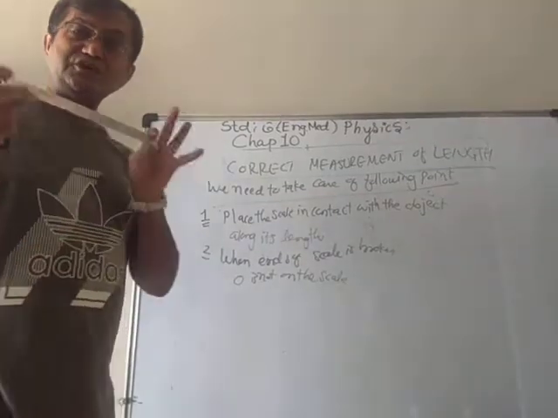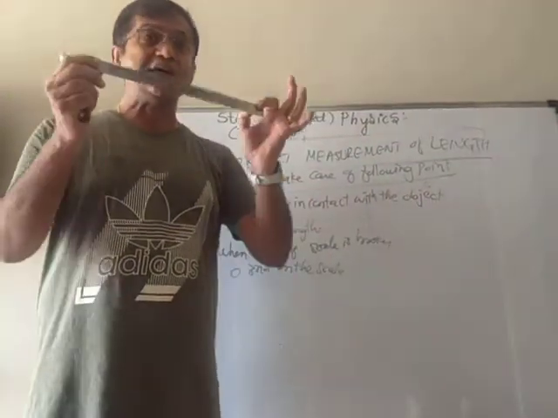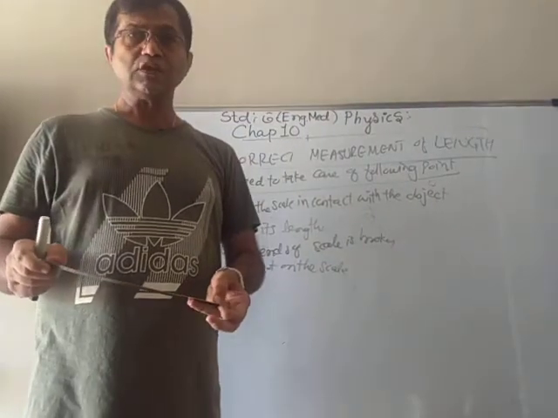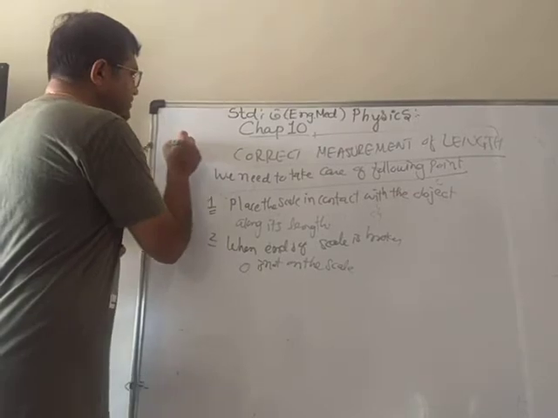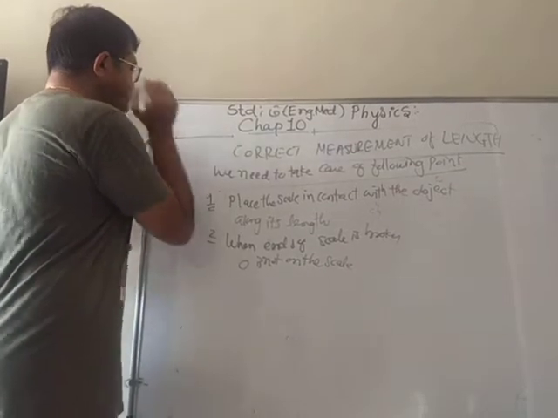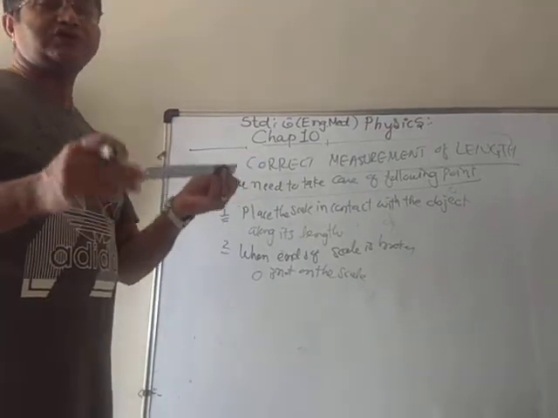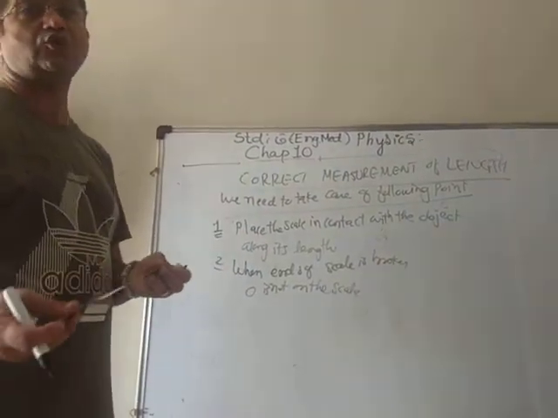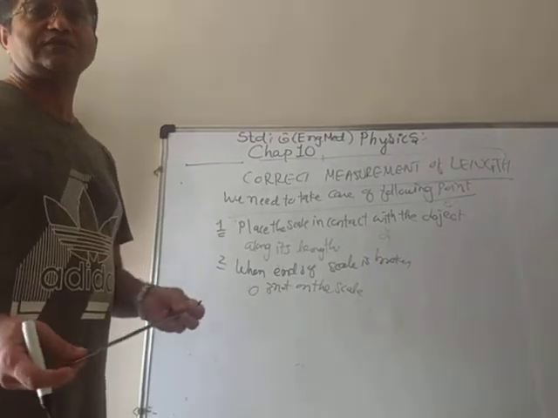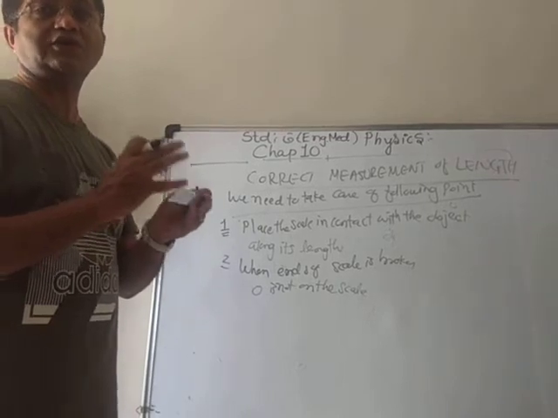So that time also we can measure the perfect length, but you have to be a little careful. Suppose I want to measure this line segment here, but I don't have a perfect scale because its end is broken, meaning 0, 1, 2 are not readable. My first number, 3, is visible on the scale.